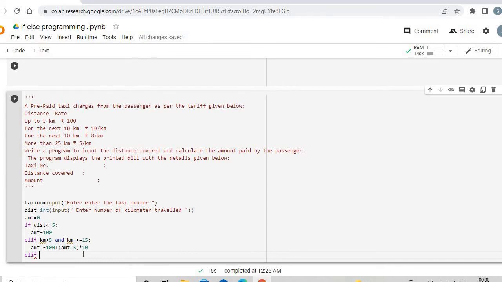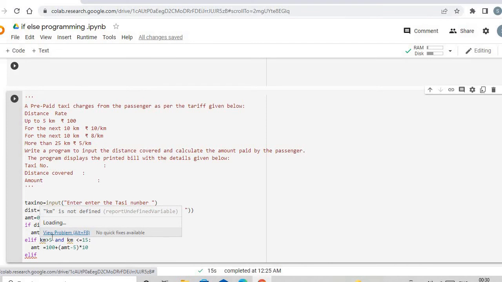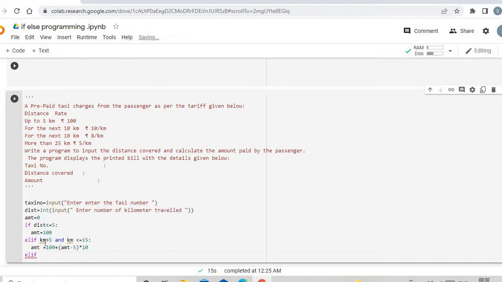Next 10 kilometers, that is dist greater than 15, and dist less than or equal to 25, because next 10 after 15.